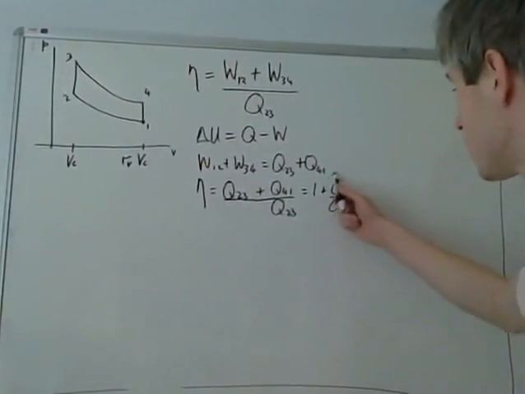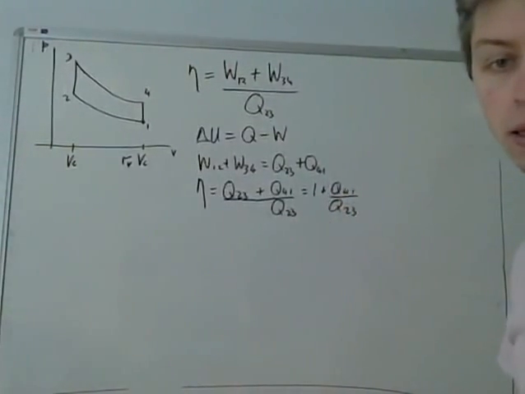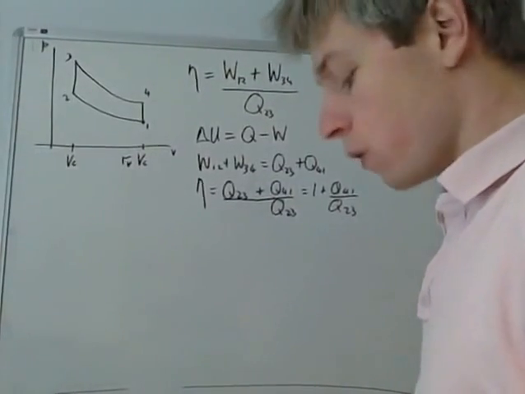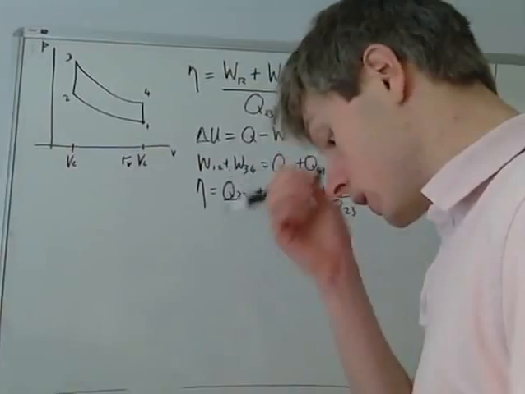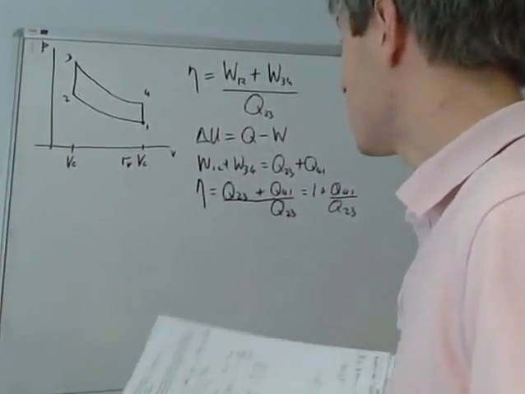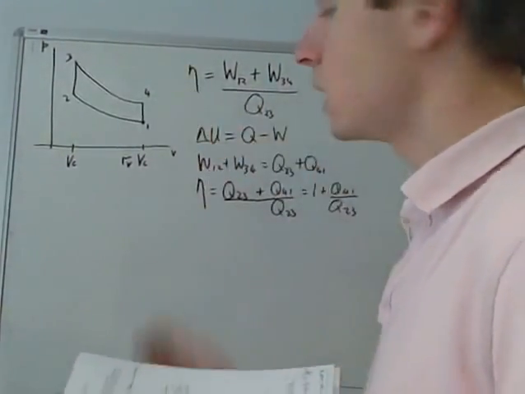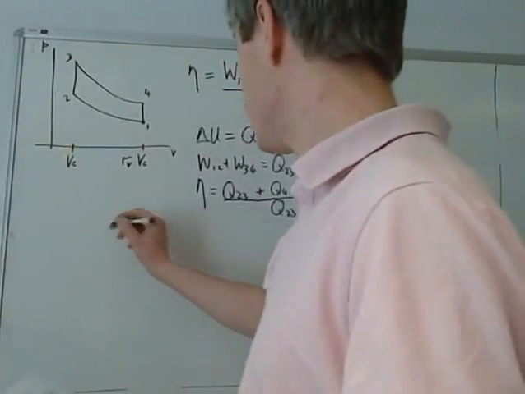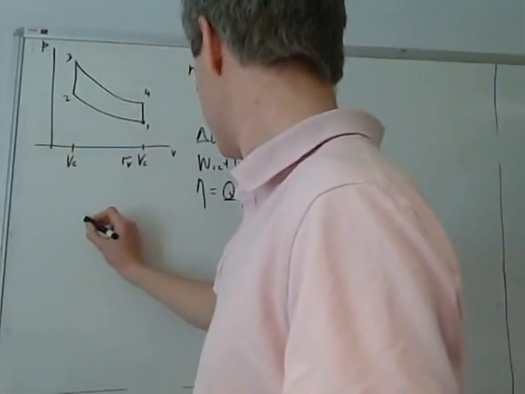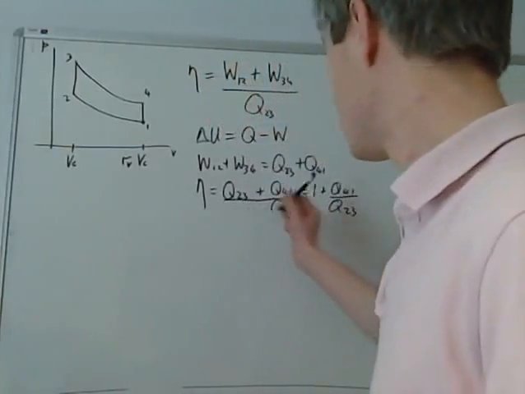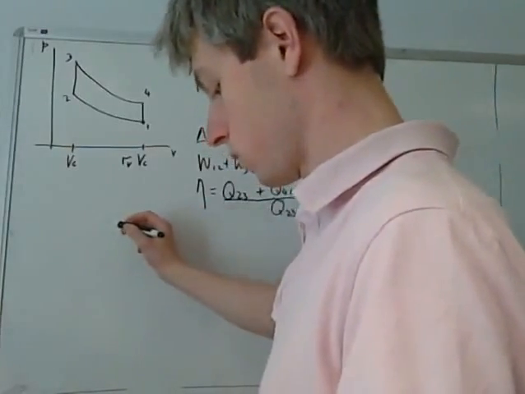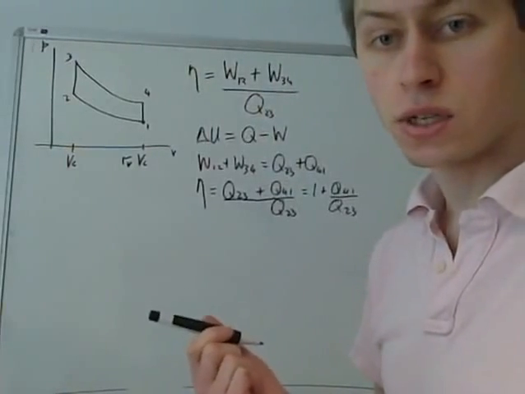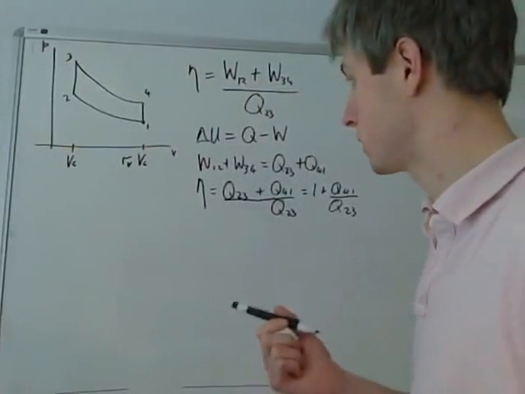Okay, so in order to get the efficiency, we need to know the ratio of the heat in and the heat out. So we've already said we're assuming this is an ideal gas process. And in that case, we have two constant volume heat addition and heat rejection processes. And also, because it's an ideal gas, CV is constant. It doesn't depend on anything, temperature or pressure.